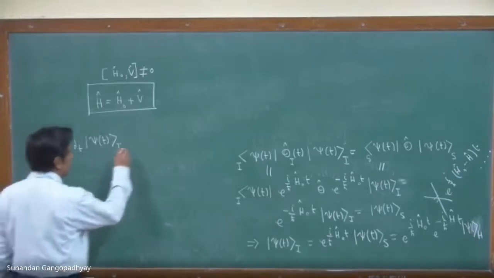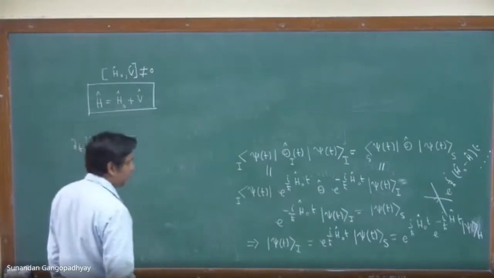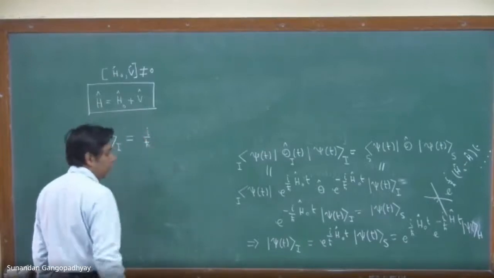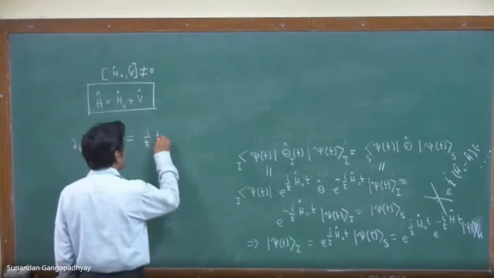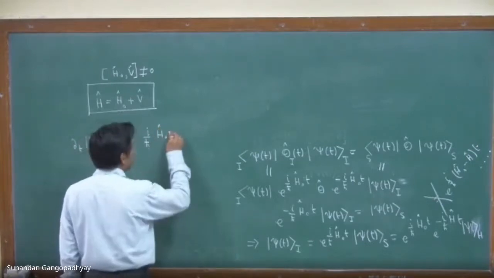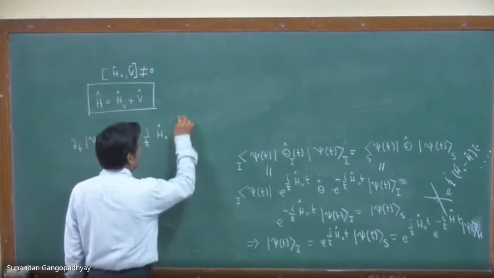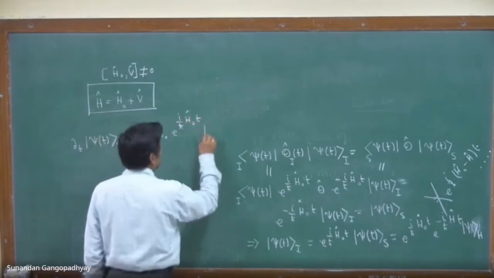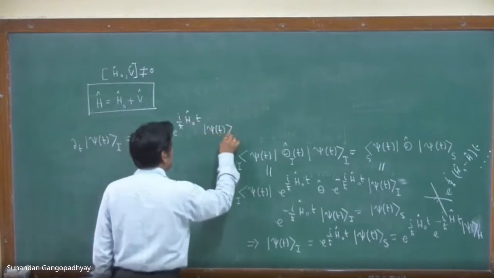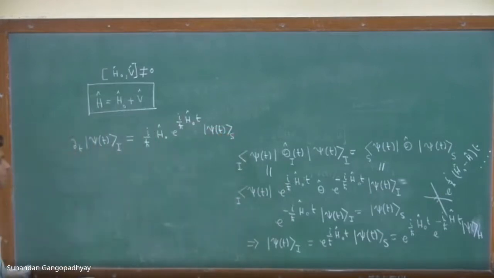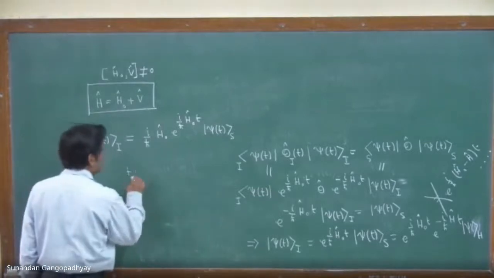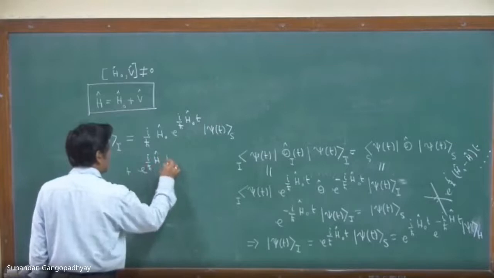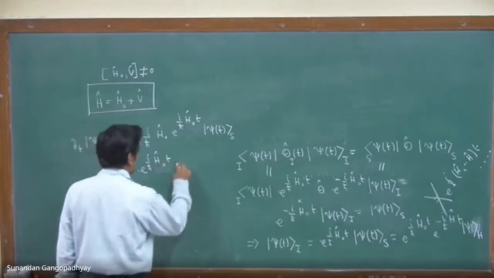If we operate with a time derivative operator, then what we shall have is i H bar, we get H hat naught, and e to the power of i by H bar H hat naught t, psi S. So this is the first term, and the second term will be e to the power of i by H bar H hat naught t, del t psi S.